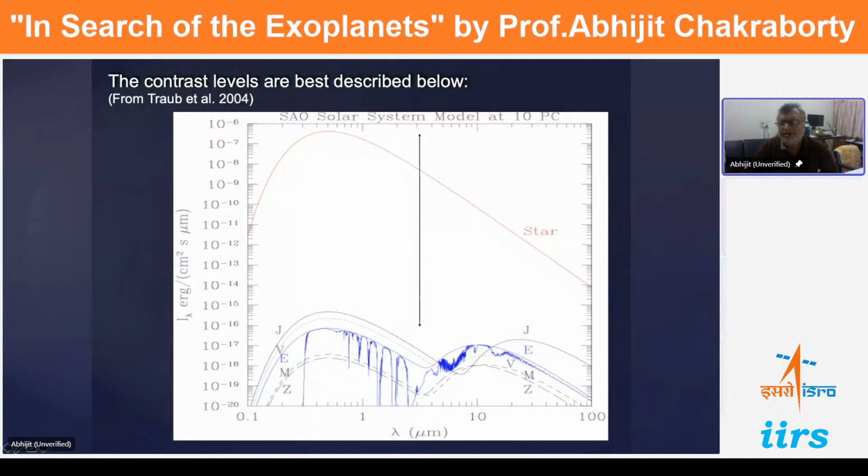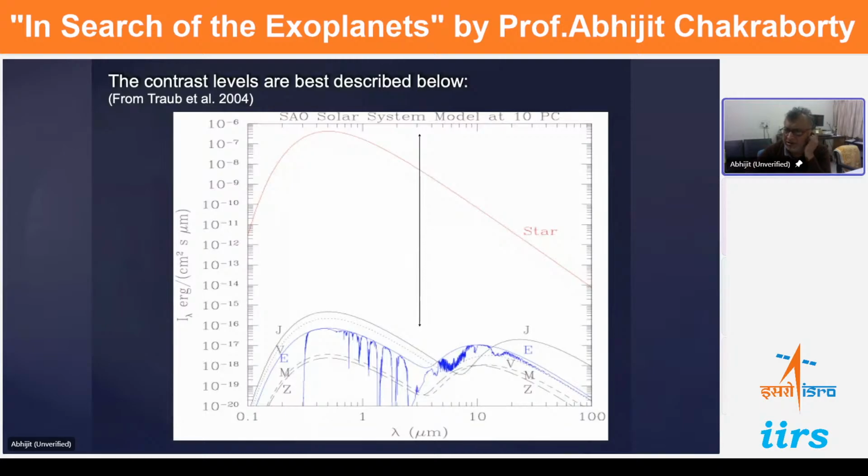Which means you cannot actually image the planets that go around the star, because they are so faint compared to the star, and they are so close to the bright star. It is like trying to see a firefly against the light of a lighthouse. So that's the problem.